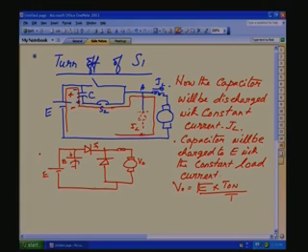Now, when S2 is turned on, this negative voltage, marked with the blue color, will come across the thyristor, and the capacitor will discharge due to the load current.